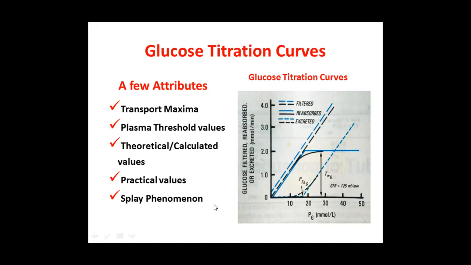Now this binding of solute with carrier follows the law of mass action. So the law of mass action means solute plus carrier, with a bidirectional arrow, SC. So S plus C bidirectional arrow SC.